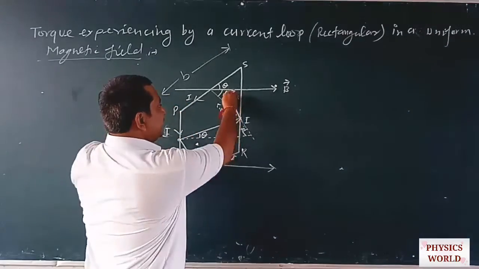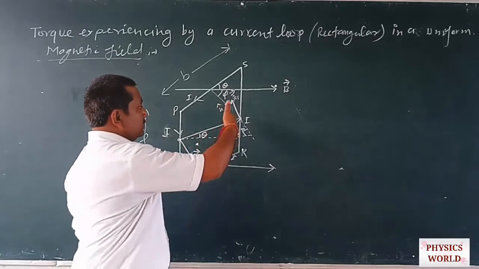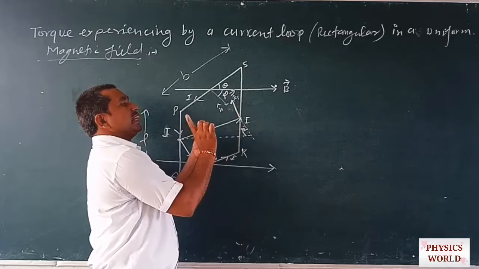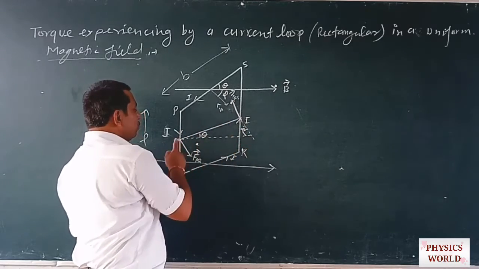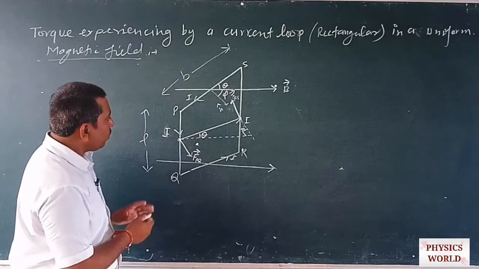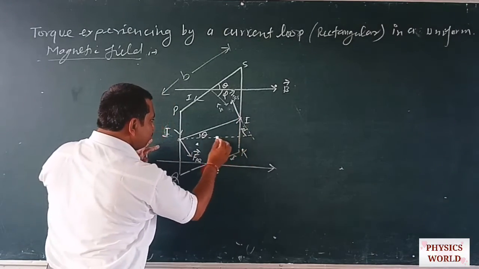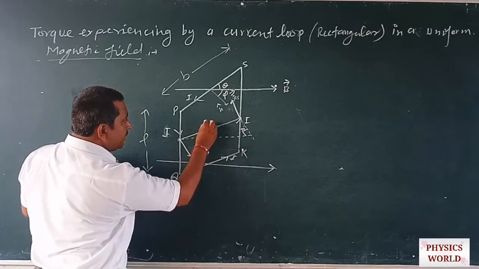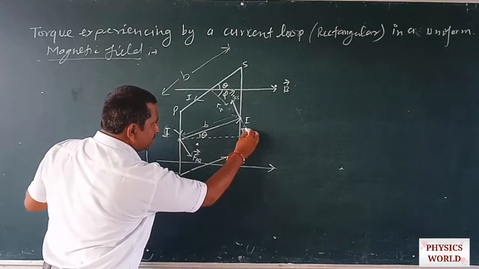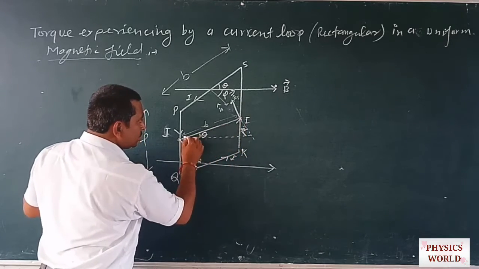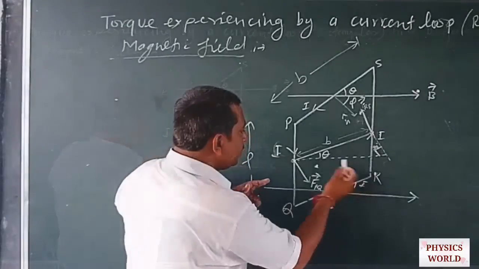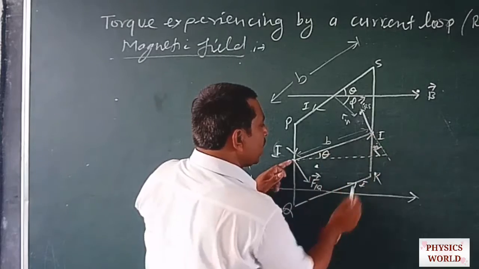This is because this action line of force is lying along this direction, and the perpendicular drawn from here to here makes an angle theta with this action line of force from this point. So we can get the perpendicular distance between the action lines of forces. This side is equal to B. Because this is 90 degree, this is the hypotenuse, and this one is the perpendicular, we get base upon hypotenuse equal to cos theta.